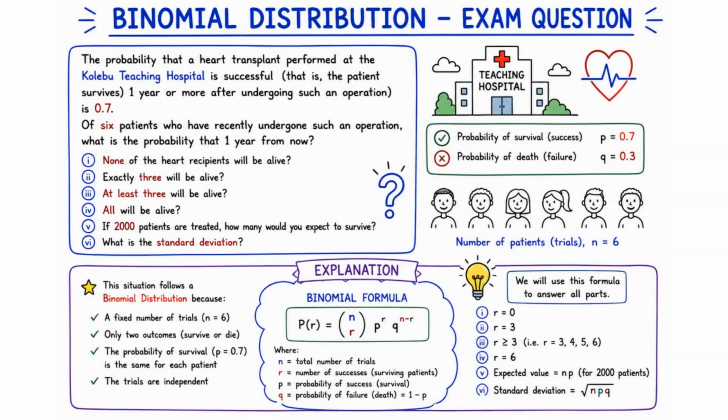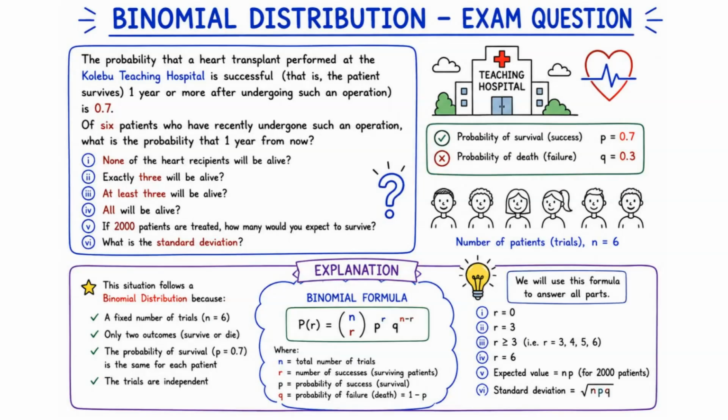It also means that the probability that a patient does not survive is 1 minus 0.7, which equals 0.3. Notice that success means survival and failure means death.